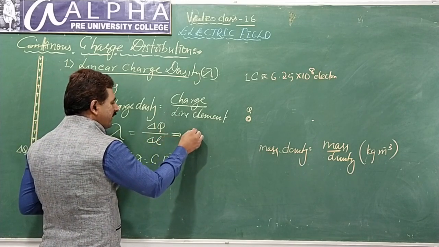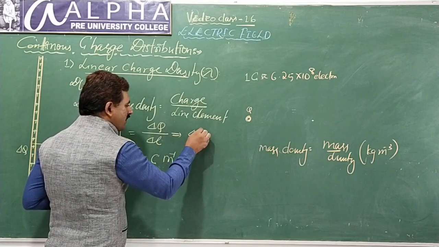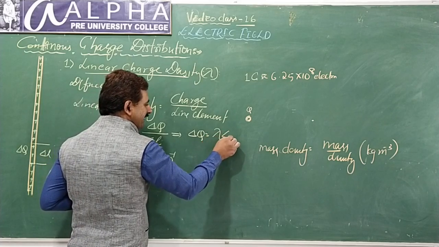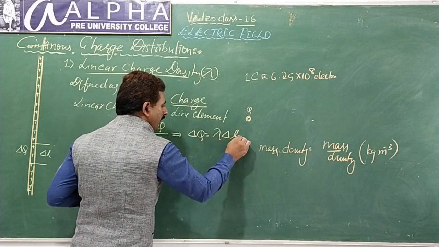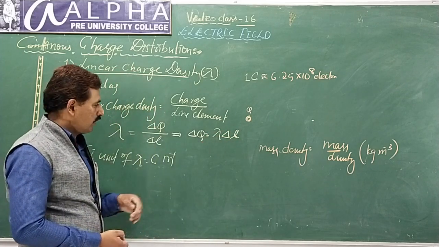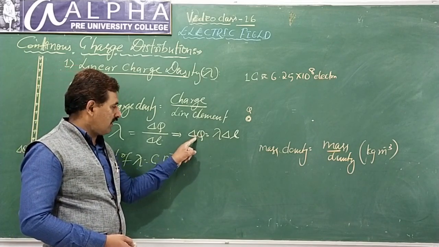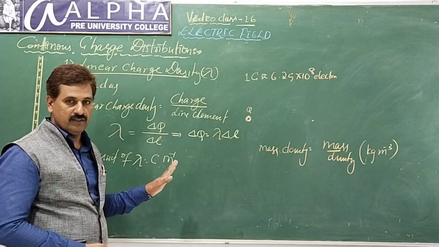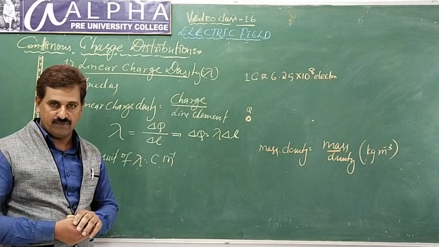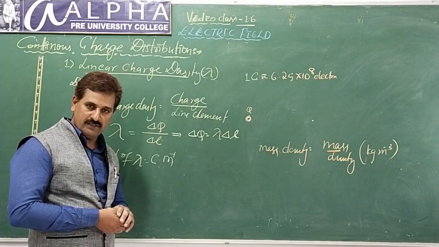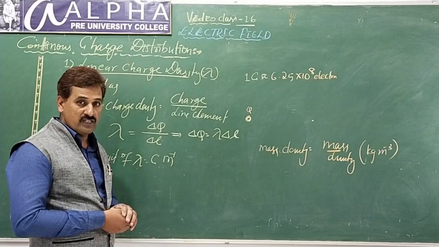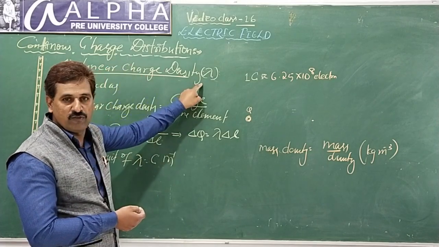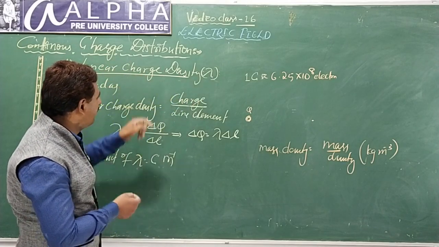Sometimes we can find the value of charge on a given length by knowing its density, as lambda into L. You know lambda, so the charge in a given length can be found. Very advantageous. We will be using this next. So, the first type of charge distribution is linear charge distribution, for which we define linear charge density.